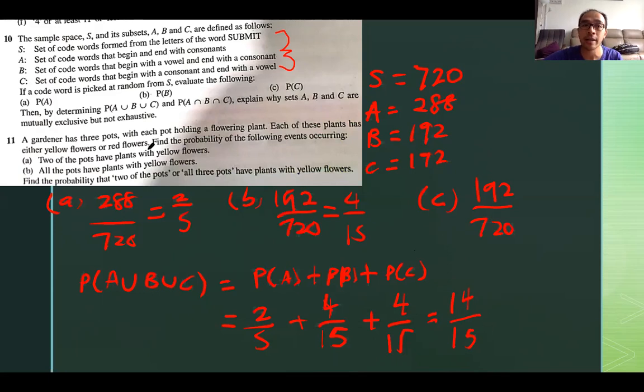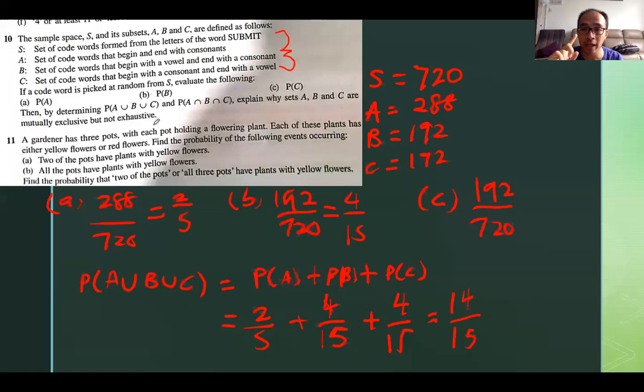And because of that, it is not exhaustive, because there is still an event outside A, B and C. It is in the sample space, but it is not in A, not in B, and not in C. And if you understand the situation, actually, it is the words that begin with a vowel and end with a vowel. You see, it is not included in this group. So the words that begin with a vowel and end with a vowel are the remaining words. All right, so that's why it is not exhaustive.